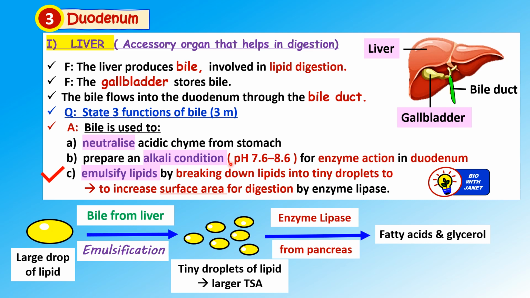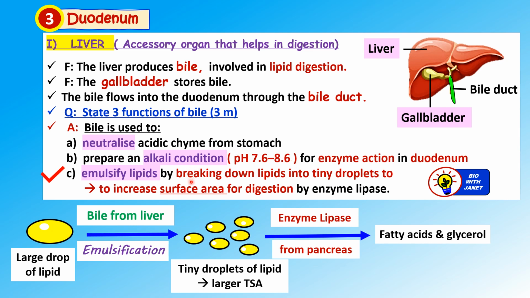So the bile is alkaline in nature, and it prepares an alkaline condition so that enzymes from the pancreas, like lipase, amylase, and trypsin, will be able to react and digest the compounds or the food, right? Because the alkaline condition is the optimum pH for these enzymes to act. So bile prepares the alkaline condition.